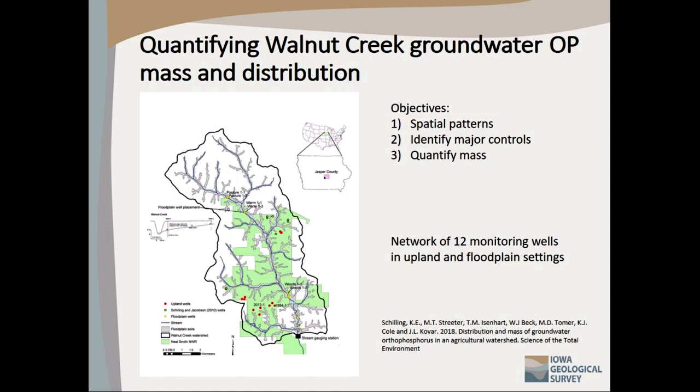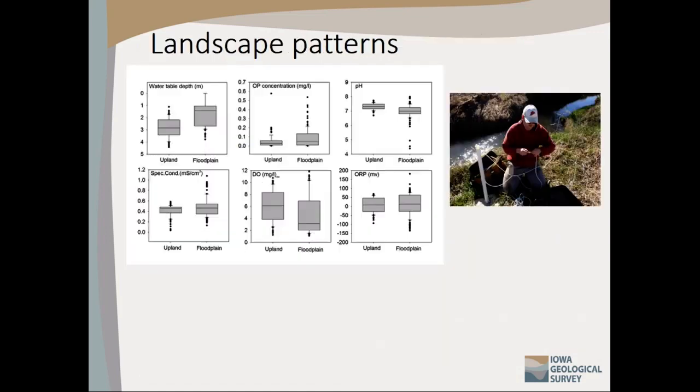Our objectives were to quantify the spatial patterns, identify some major controls, and quantify the mass of orthophosphorus that might be in shallow groundwater in the watershed. From our network of 12 wells, we divided them up either in upland. We skimped on the side slope, so we put them in either class of uplands or floodplains. Uplands were anything that weren't a floodplain.